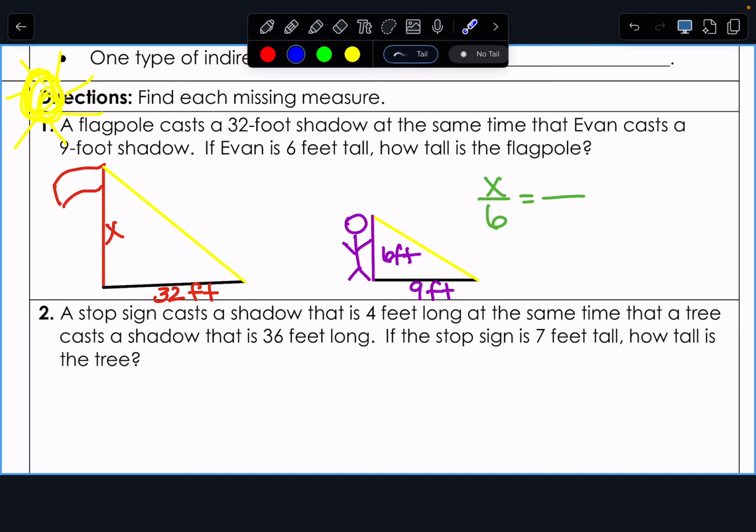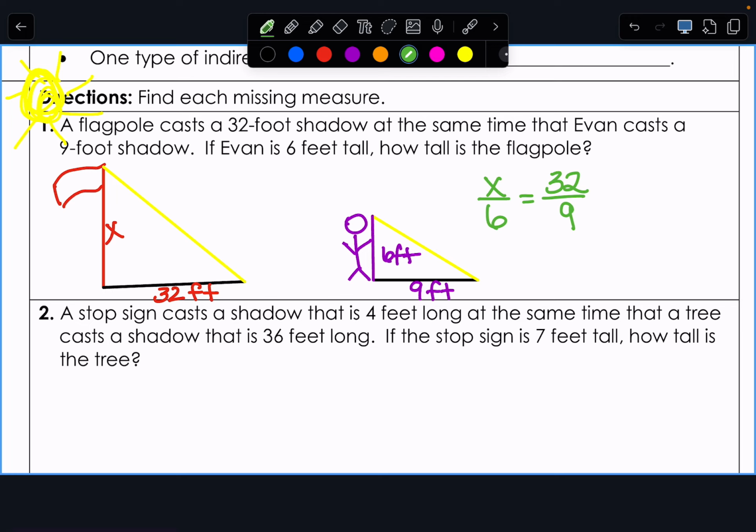Okay, since we went from flagpole for our numerator and Evan for the denominator, then we need to take flagpole for our numerator and Evan for our denominator. Okay?